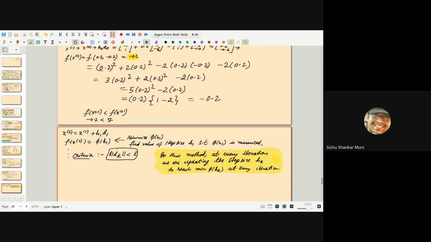Fine. So if it is computationally expensive, what can we do? Can you let me know? You understood now? This is computationally expensive, right? So we are only updating the step sizes as well. The direction will not be constant because the direction is grad of f at xk, and xk is updated at every step.